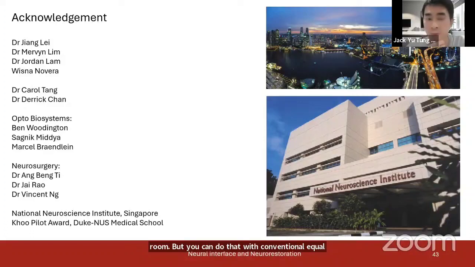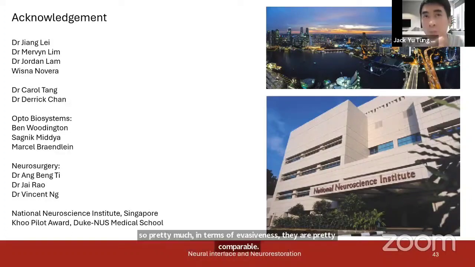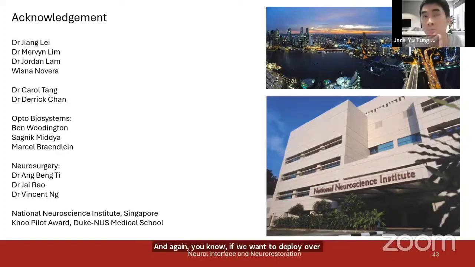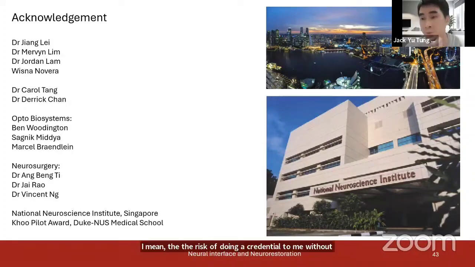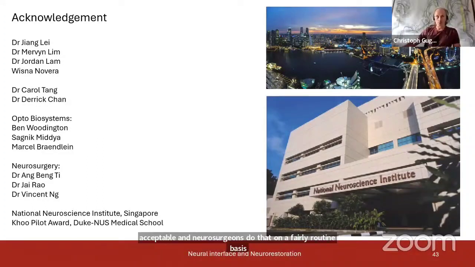So in terms of invasiveness, they are pretty comparable. And again, if we want to deploy over a large surface area, probably you need to do a large craniotomy. I mean, the risk of doing a craniotomy without disrupting the brain tissue is actually fairly acceptable, and neurosurgeons do that on a fairly routine basis. I think the risk is comparable to anesthesia, so it's pretty low.